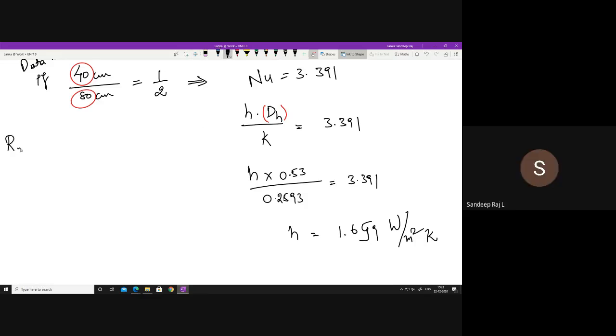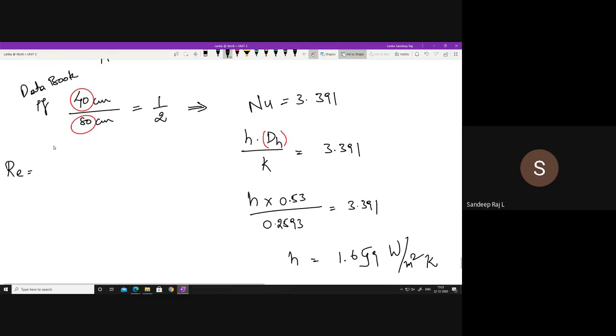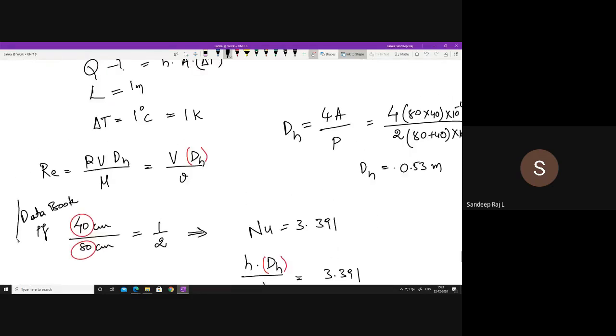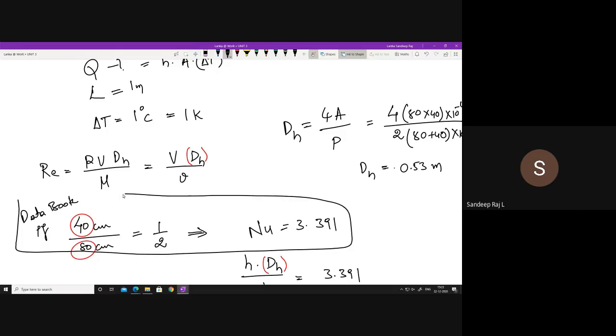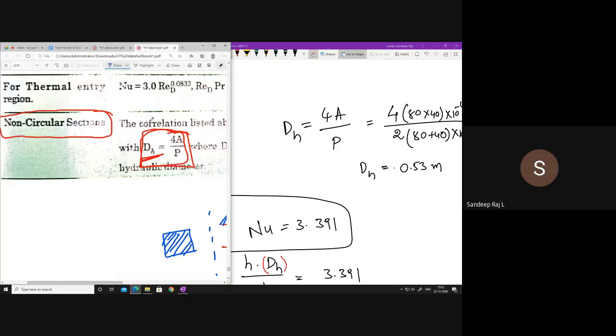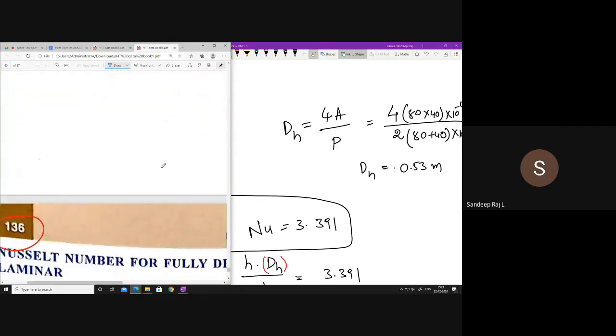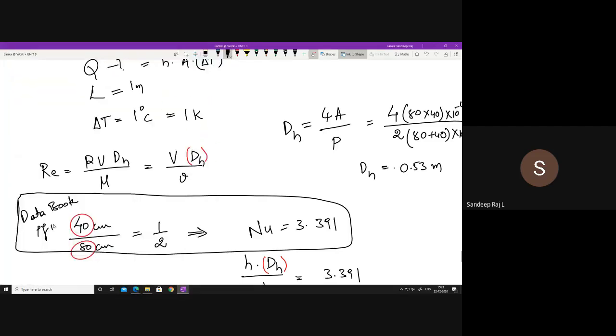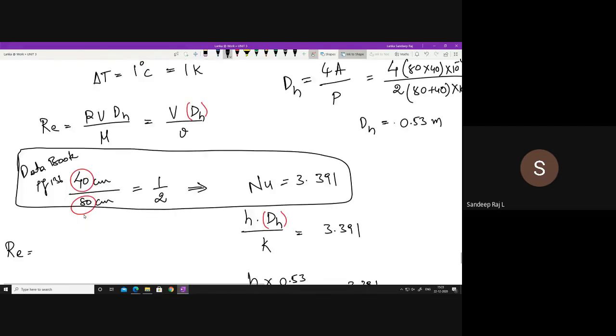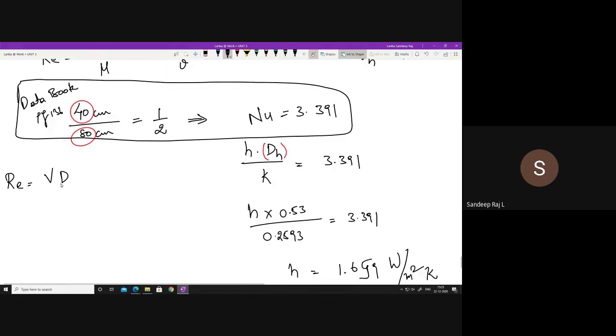The Reynolds number story also, let us see. Let us keep this aside. I should have written this here. Reynolds number is VDH over nu.